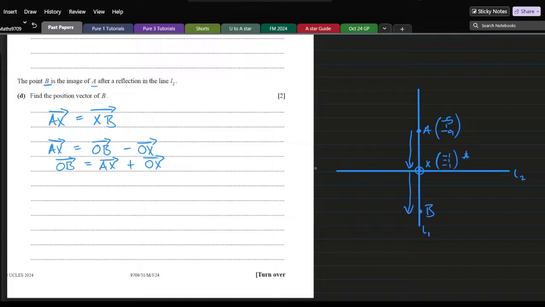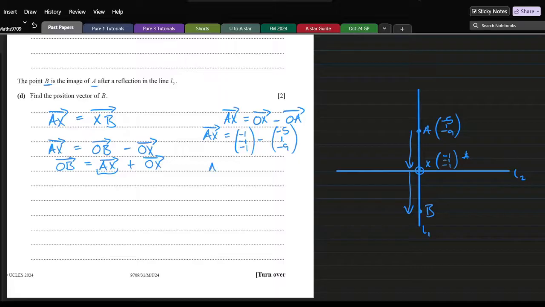What we need to find is our AX. Okay, so let's do that on the side here. AX would be equal to OX minus OA, right? So AX is equal to our OX, which is negative 1, negative 1, negative 1, minus our OA, which is negative 5, 1, negative 9.